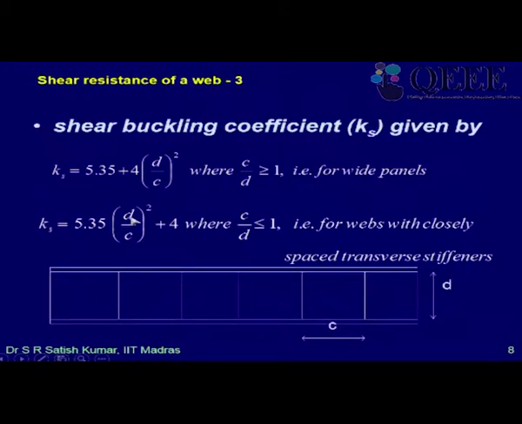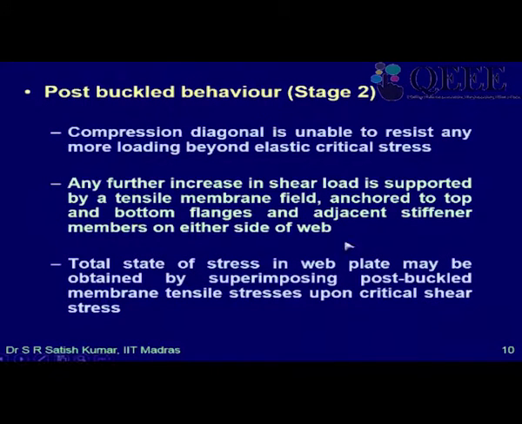People have tried to find out how much extra load it takes, and they have found that the extra tau that can be taken can be obtained as follows: the total state of stress in the web plate may be obtained by superimposing the post-buckled membrane tensile stress on the critical shear stress.